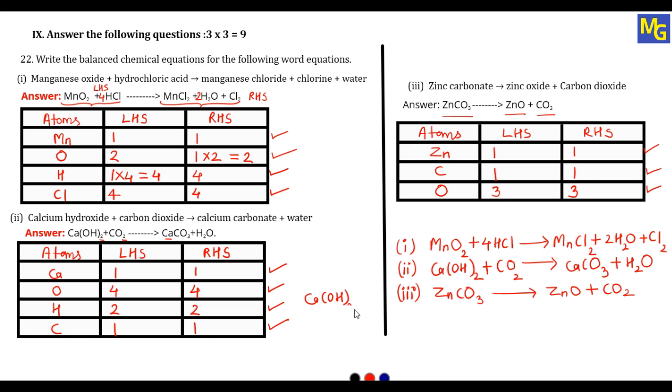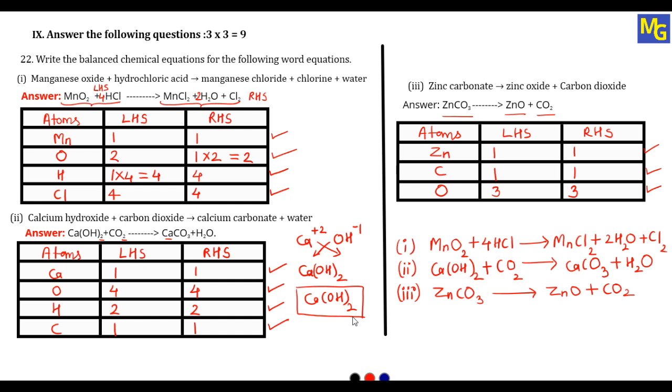So see how we got this formula, that is calcium hydroxide. So we will take Ca oxidation state is +2, OH oxidation state is -1. So if you cross these, then this 1 comes on Ca side, so Ca will be 1 and 2 goes on OH side. So OH we have to write in bracket and then write there 2.